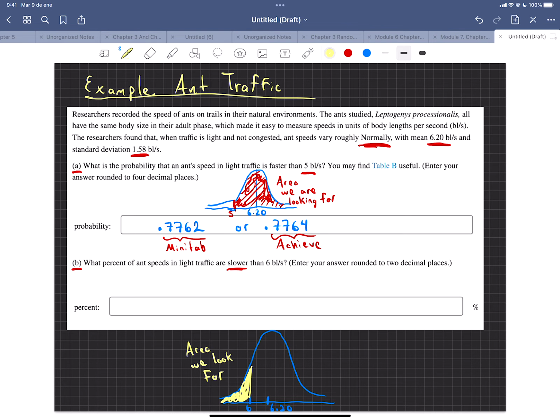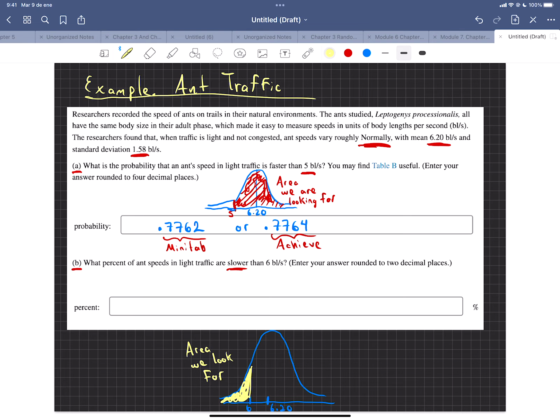And now again, go to Minitab. Graph, probability distribution plot, view probability. OK, the same mean, the standard deviation. Options. Now change the value by the value of 6. But now be careful.